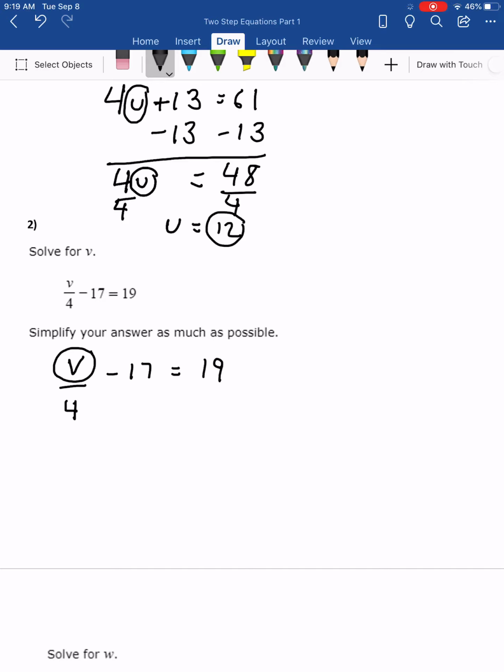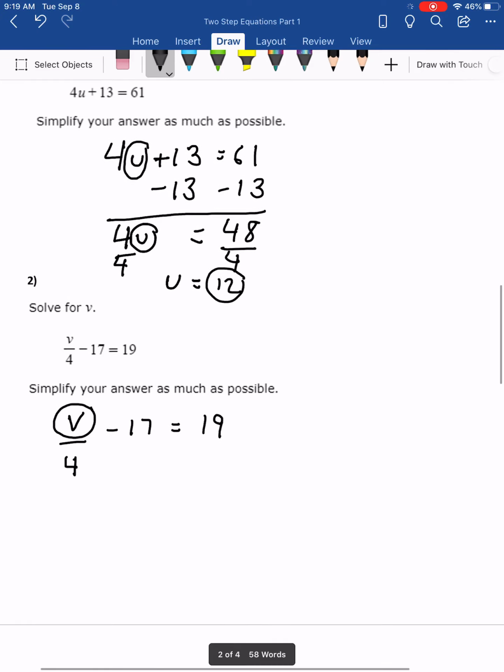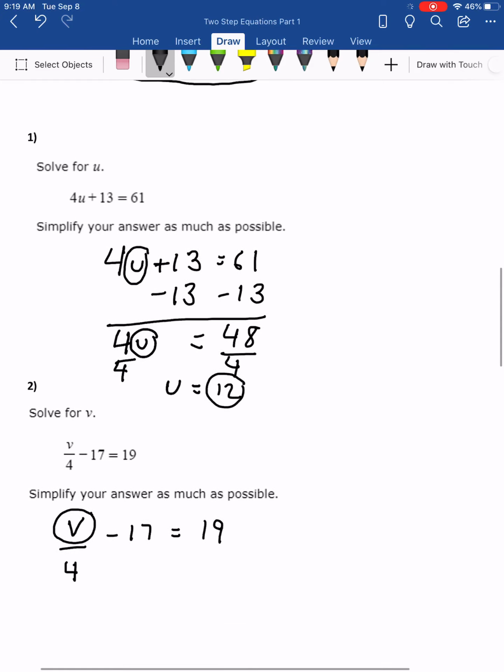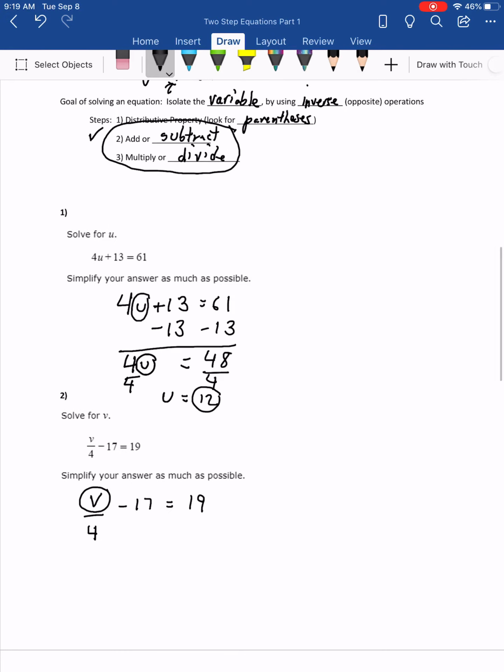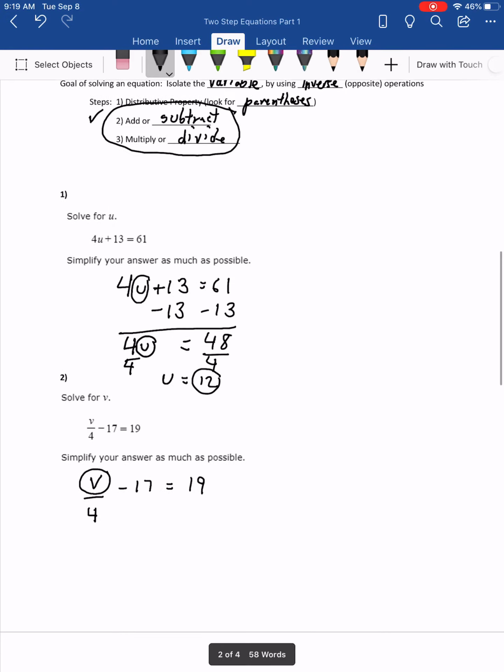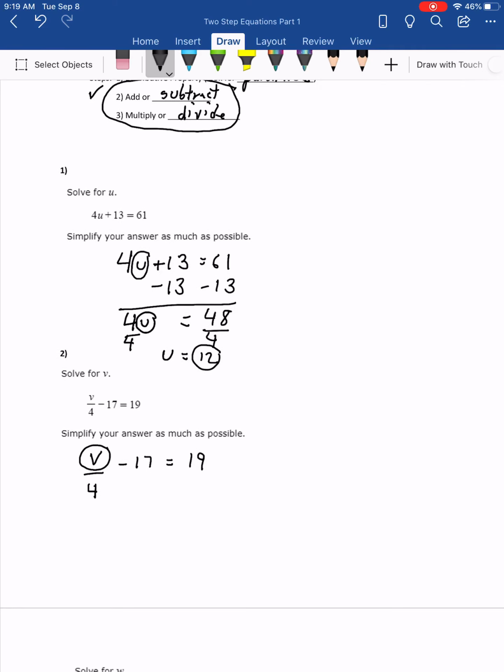All right, and v is being divided by 4, so we're going to get rid of the division, but first we're going to have to get rid of the 17 because if you look at your steps, add or subtract comes first. So we have a minus 17 over here. We're going to move over the minus 17 with a plus 17. So we have v over 4 equals 19 plus 17, which is 36.